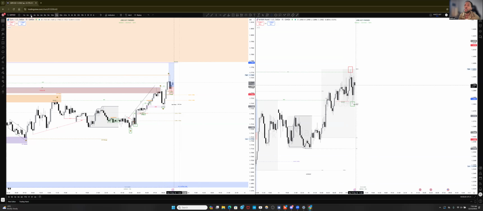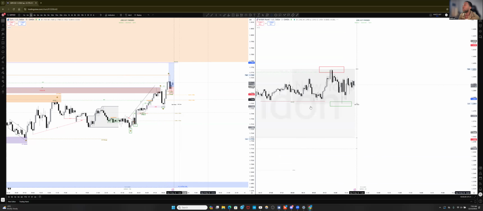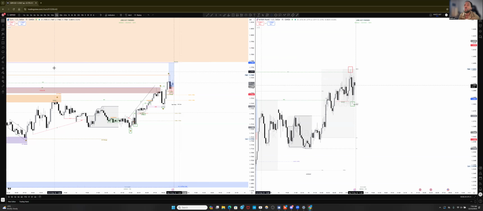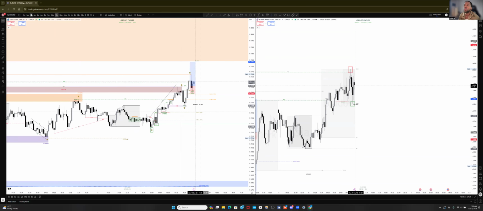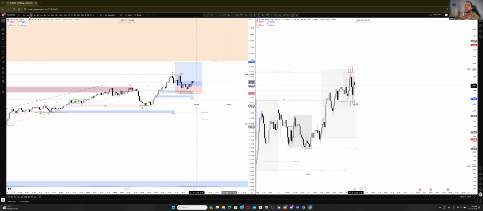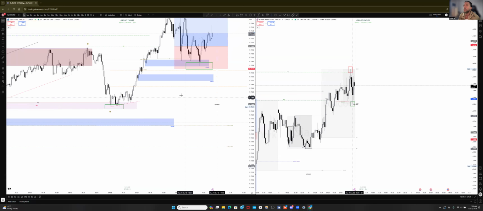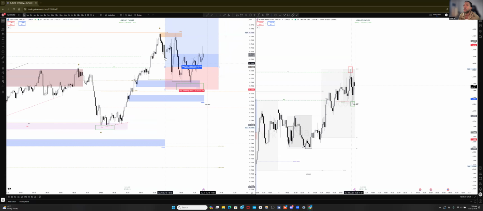As we could see, price literally put us in a pickle for EU. Excuse me, I mean to go to the GU. I want to go to EU. Price put us in the middle of two probabilities where buyers and sellers can be valid. We had one leg, retrace, and a two leg.